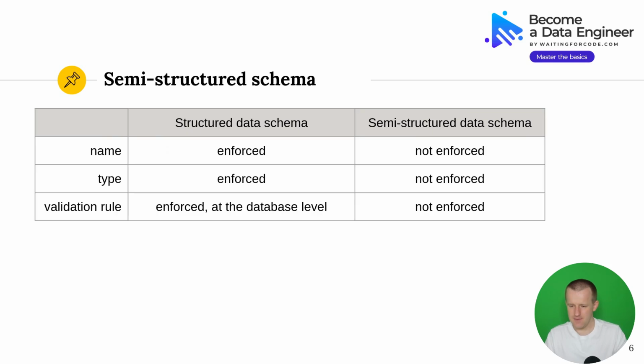There is also some specificity about semi-structured data. As I said, it has some schema, but unlike the schema for structured data, it is never enforced, meaning that even though in our example we have a first name attribute, we can call it in full uppercase or maybe use camel case.